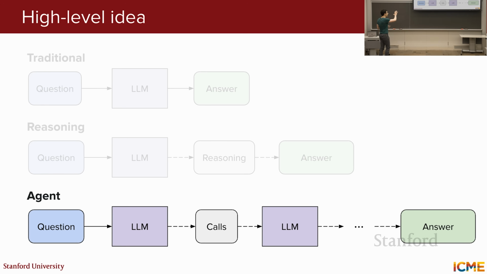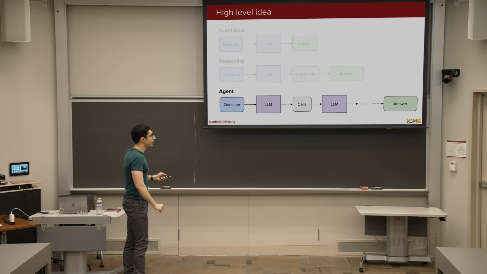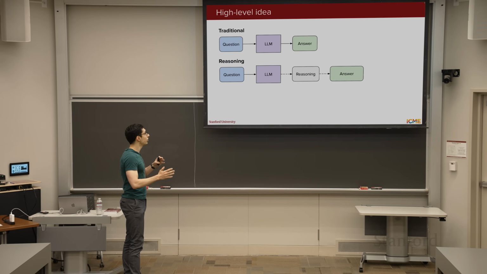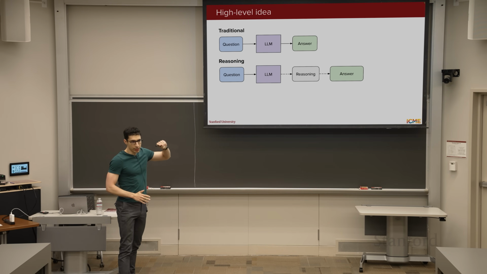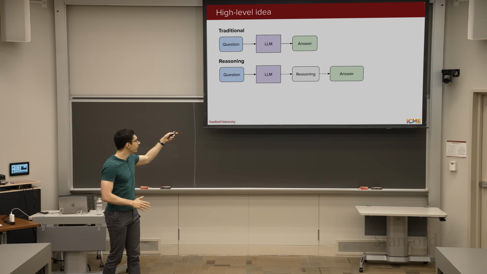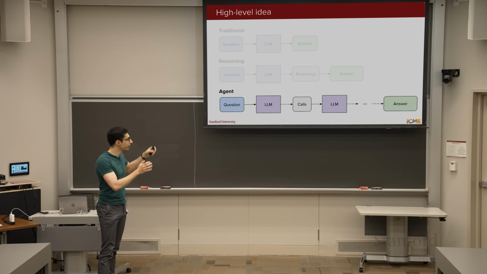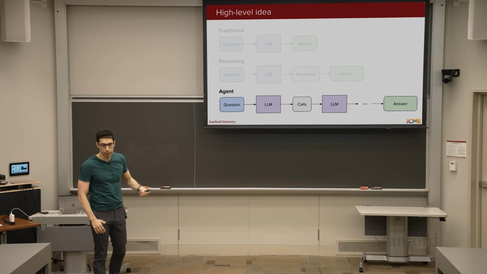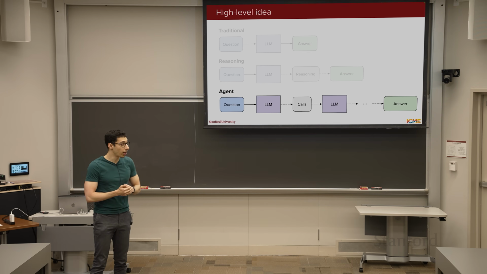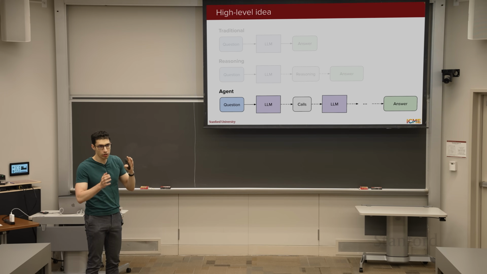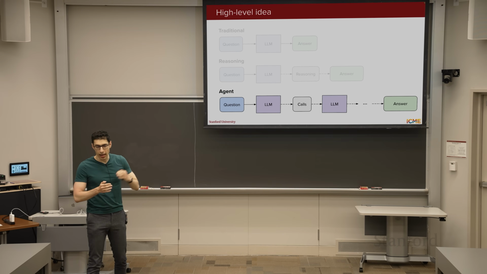This new agentic framework is not necessarily disjoint from the ones that we presented before. You could well have reasoning chains inside of it, so it's potentially overlapping. But the structure consists of tool calls and iterations.